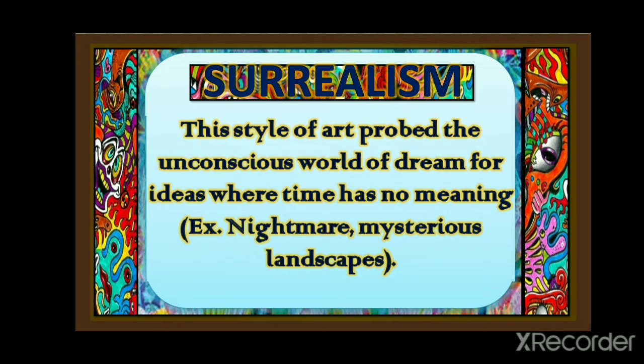Next is Surrealism. This style of art explores the unconscious world of dreams and ideas where time has no meaning, for example, nightmares and mysterious landscapes. Surrealism looks for the inner world of the mind.